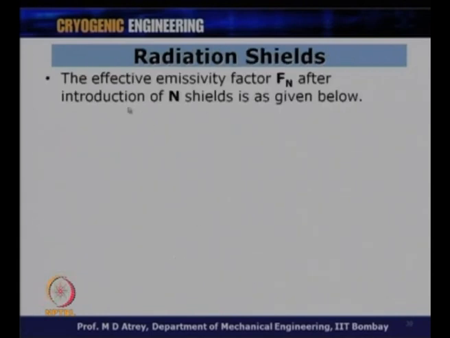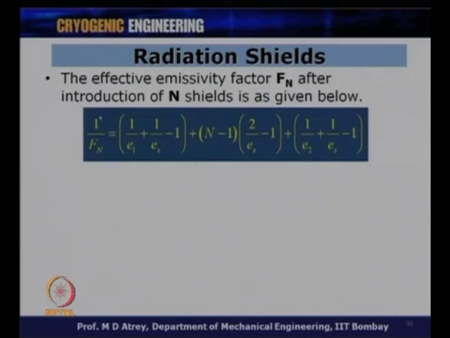So, the effective emissivity factor Fn after introducing n shields, and this n could be equal to 2 or 5 or 10 or 20, will be given as below. 1 upon Fn is equal to 1 upon E1, this is my first surface which faces the temperature T1, plus 1 upon Es minus 1.